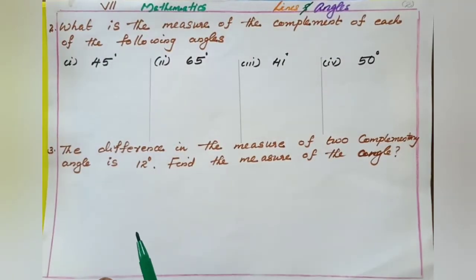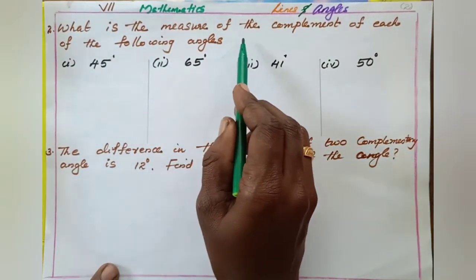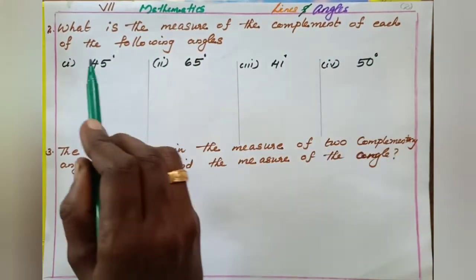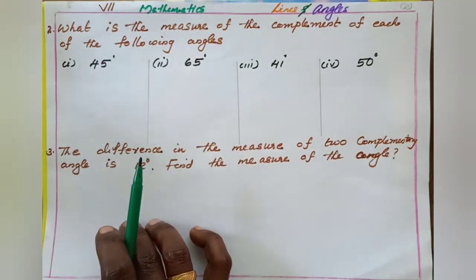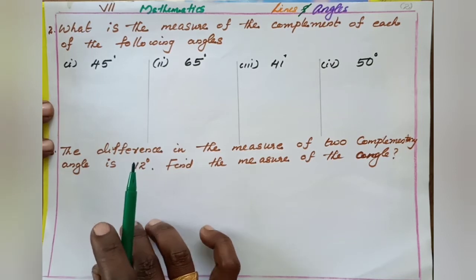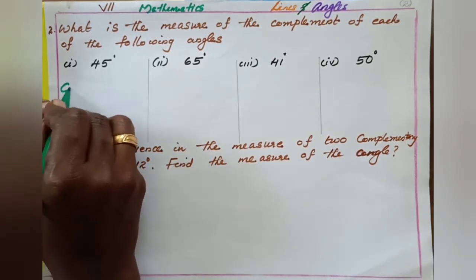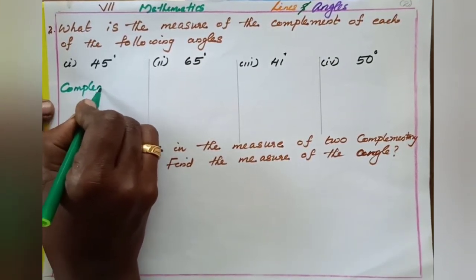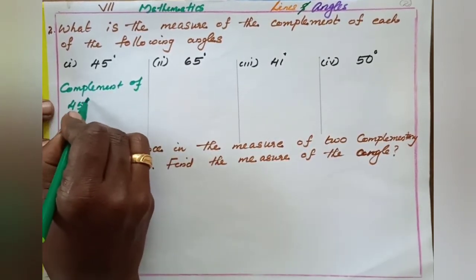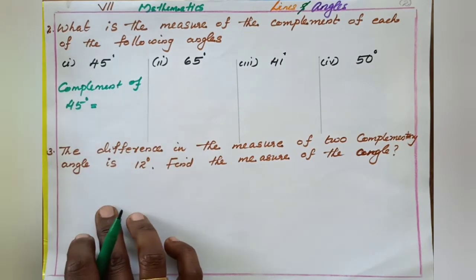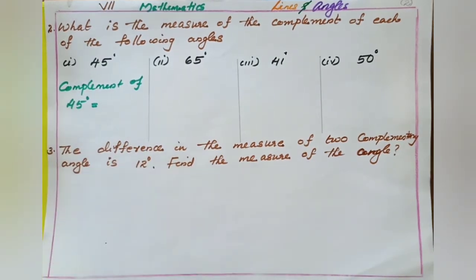Okay students, the next question. What is the measure of the complement of each of the following angles? Given the first angle is 45 degree. We want to find out the complement of 45 degree. We know complementary angles have measures that sum to 90 degree.